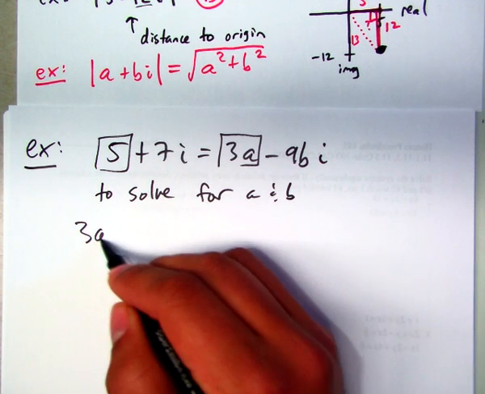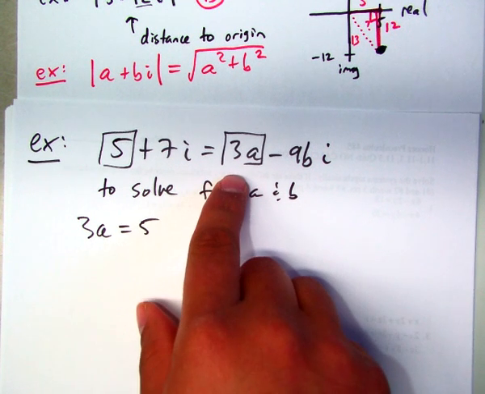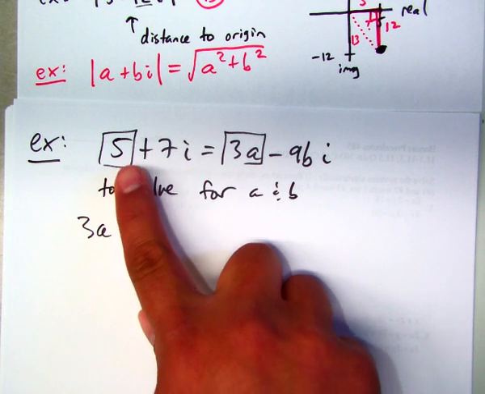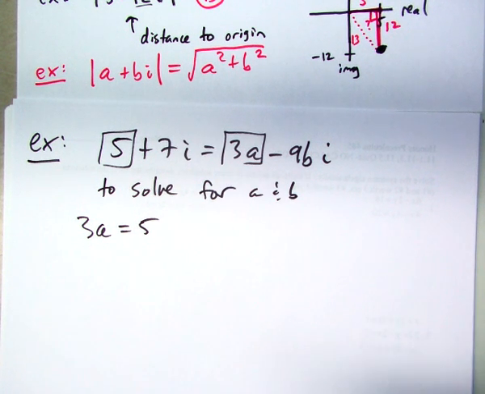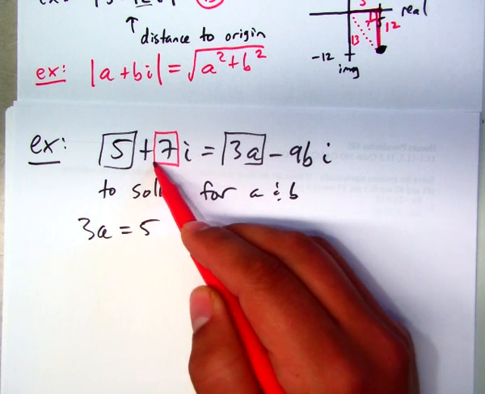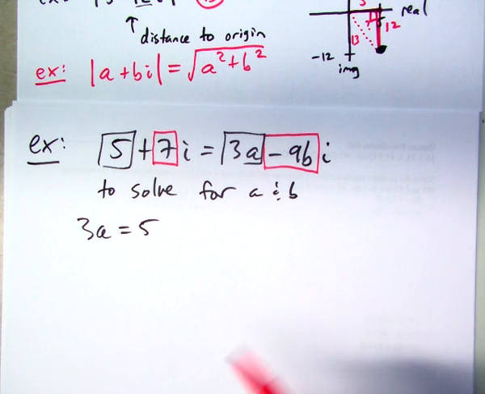Because it says equal. Looking for a little deeper, but yeah. That's the non-imaginary number on each side, and since they have to equal each other, 5 has to equal 3a. And what else has to equal? 7 has to equal negative 9b. Does that make sense?